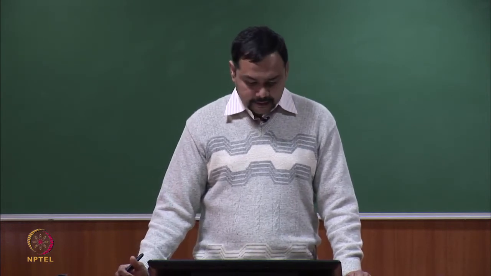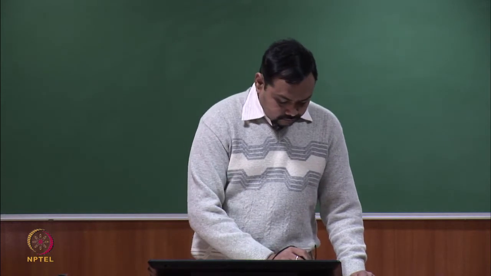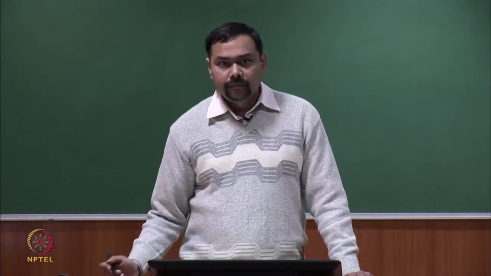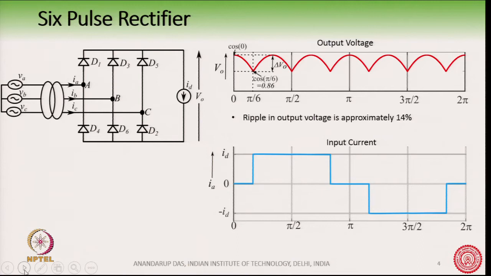Now, this is the 6 pulse rectifier. Here you can see we have an input AC and a transformer, and the transformer feeds a 6 diode, 3 phase diode bridge rectifier, and on this side we have a current source which represents the load.